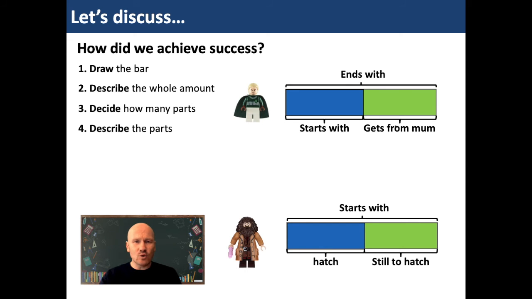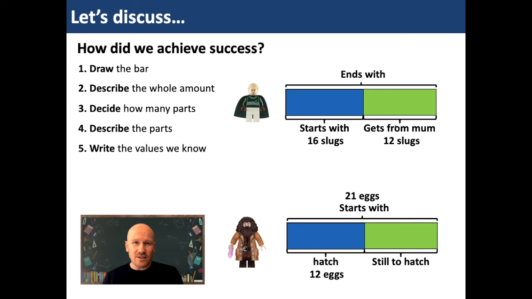Once we described those parts, we were able to put in the numbers that we knew. And in question 1, that was the 16 slugs that Draco started with and the 12 that he got from his mum. Whereas for Hagrid, it was actually the 21 eggs that he started with and the 12 that hatched. So there we knew the whole amount and we knew one of the parts. The last thing we're going to do is we're going to choose a strategy.